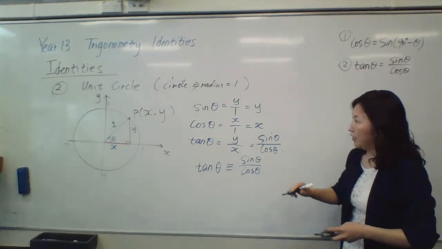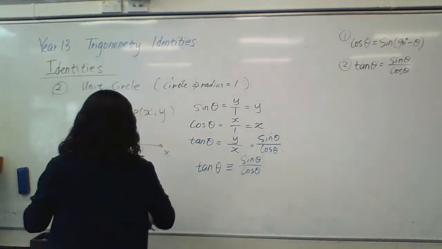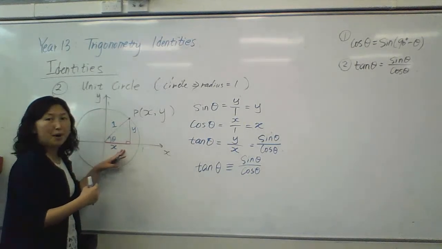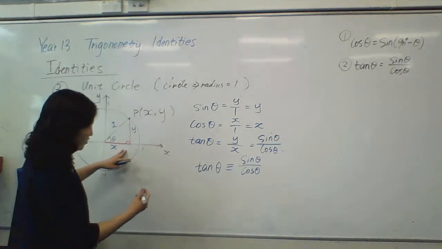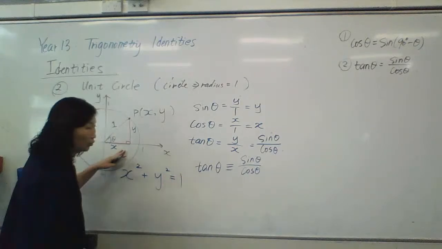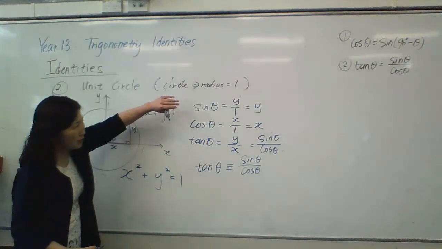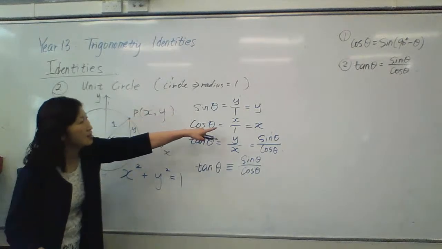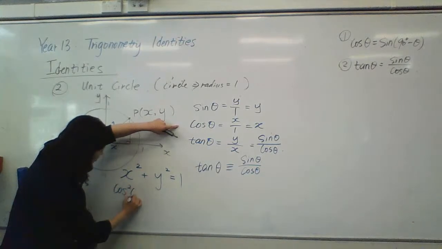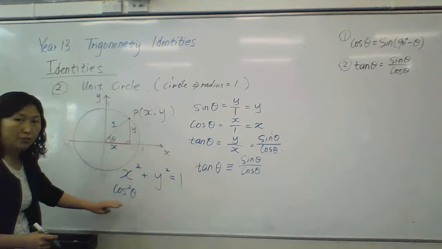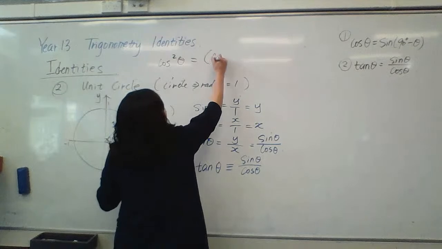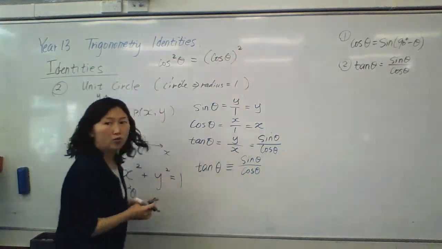All right, now let's go back to the triangle again. Because this is a right angle triangle, I can use Pythagoras. If I use Pythagoras, I will get x squared plus y squared equal to 1. From the trig ratio, I know that x is equal to cosine theta, so I'm going to substitute it in. So there'll be cosine squared theta. Just to let you know, this symbol, cosine squared theta, has the same meaning as cosine theta whole thing squared.